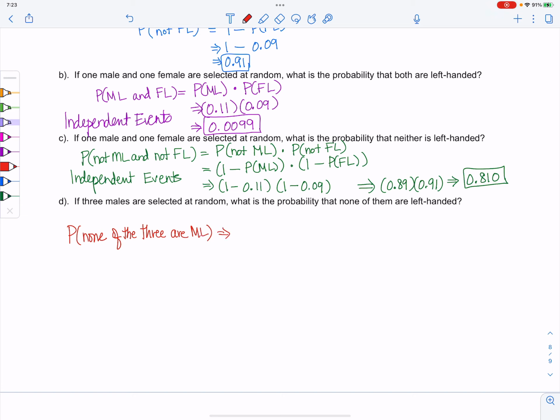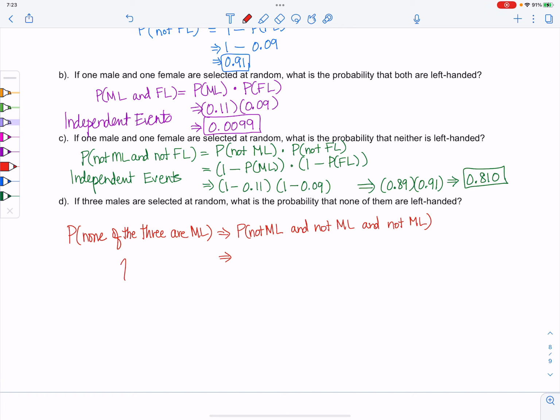That's going to be the same as the probability of not male left-handed and not male left-handed and not male left-handed.